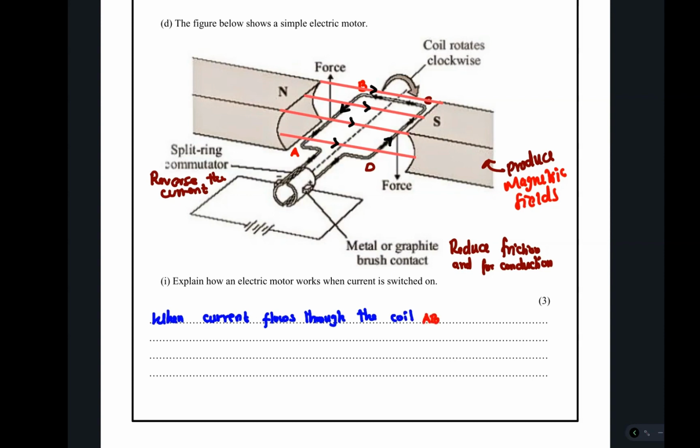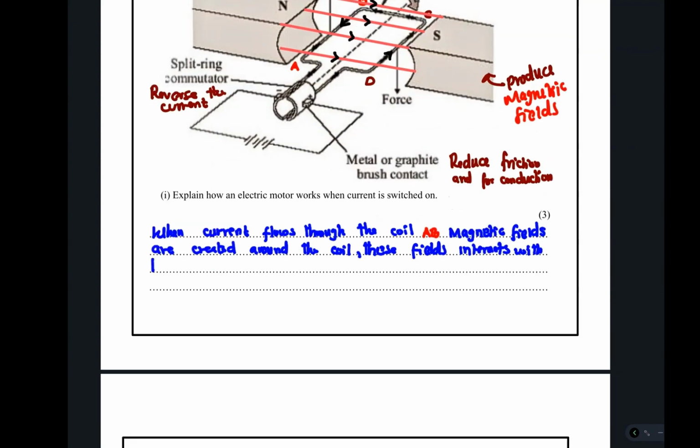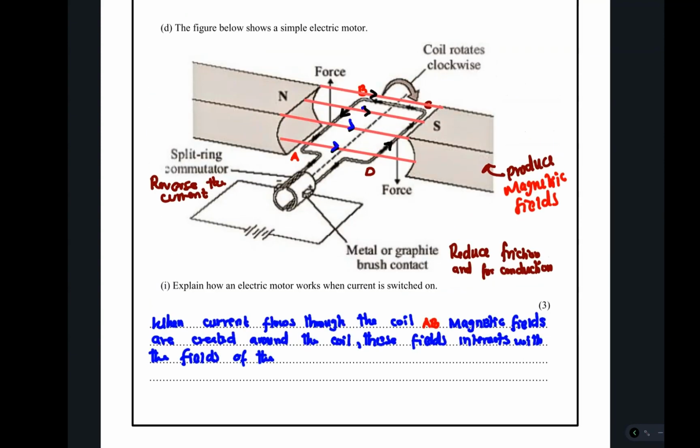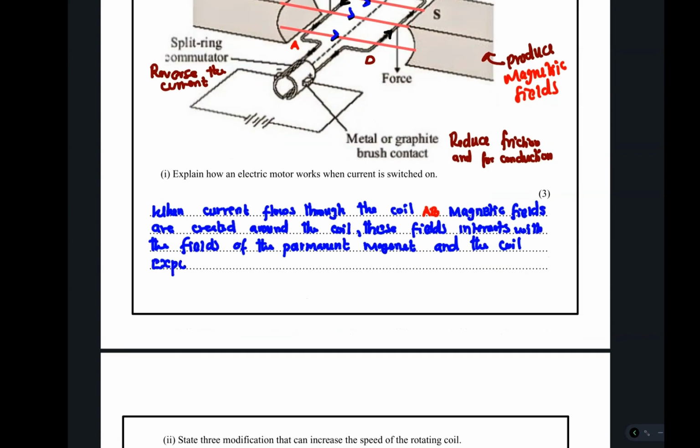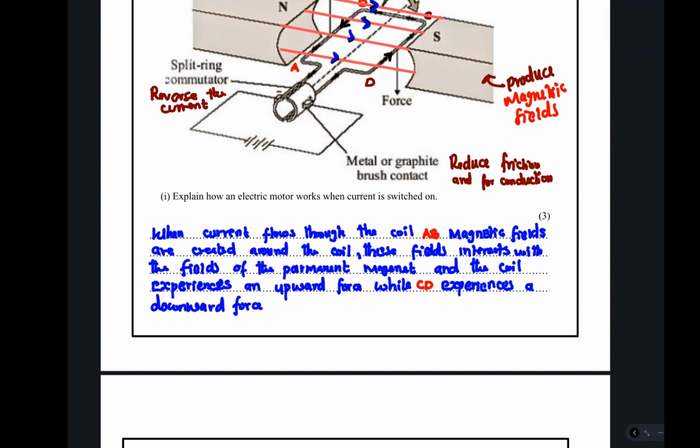When current flows through the coil, magnetic fields are created around AB, and those magnetic fields interact with the magnetic fields of the permanent magnet. Hence, the part AB is going to experience an upward force, while CD is going to experience a downward force. Now we are going to have a rotational motion of the loop here.